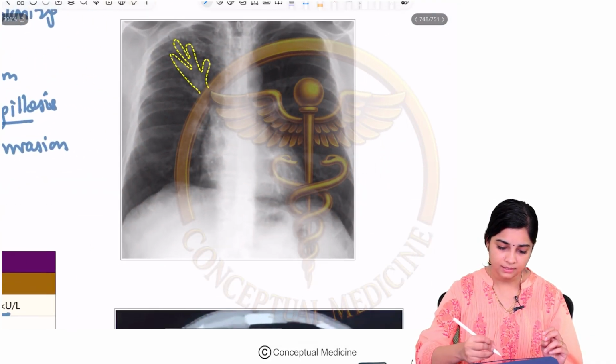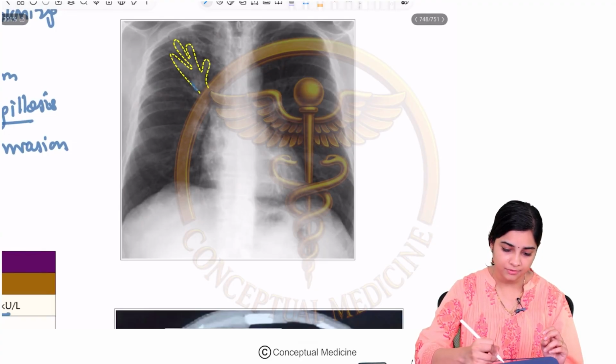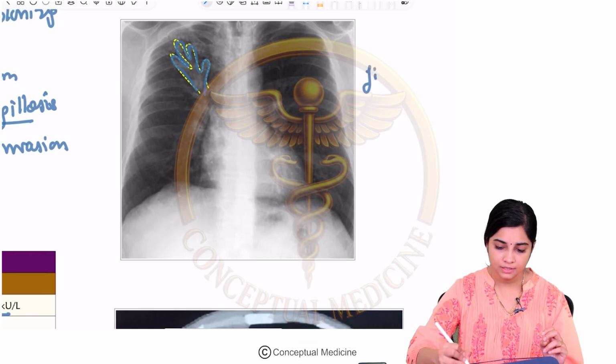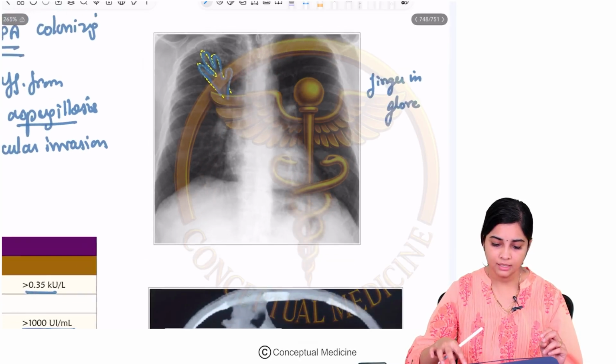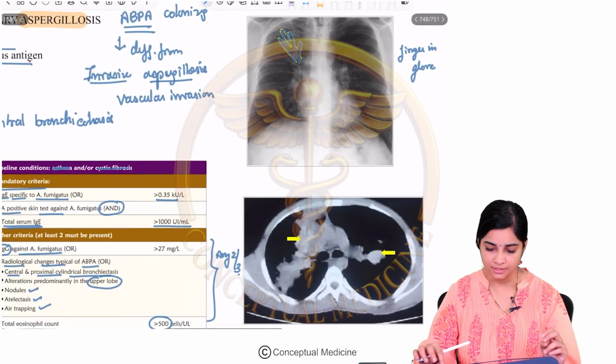You can see here that there are predominantly upper lobe infiltrates, and this is looking like a finger in glove appearance, which is seen in ABPA.